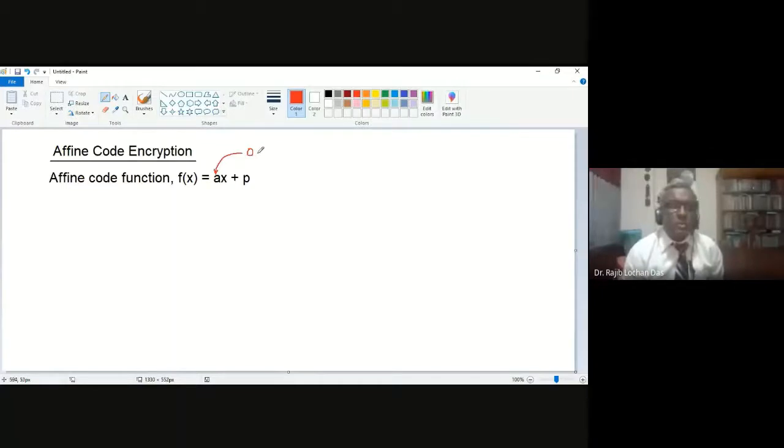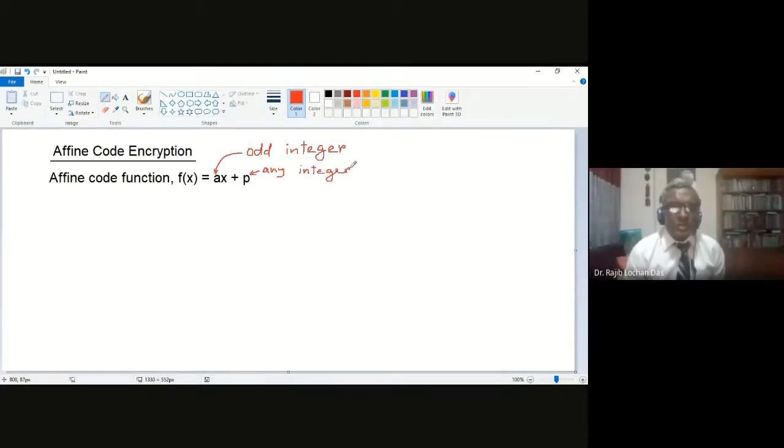It is always an odd integer. Integer means whole number, not 3.5. It is 3 or 5 or 7, an odd integer. And this is any integer. Any integer means whole number.